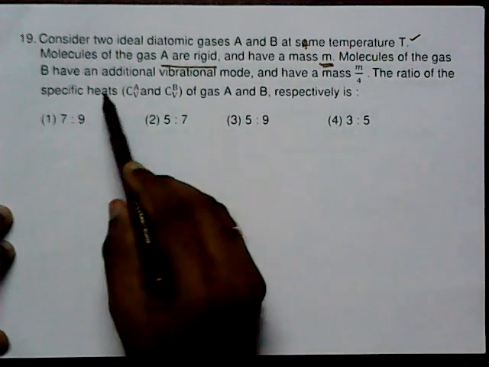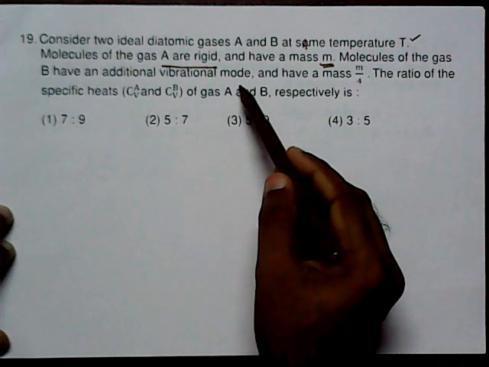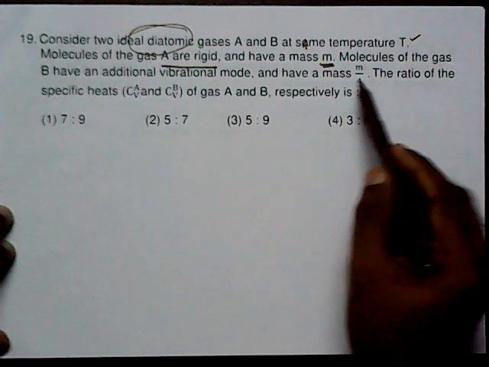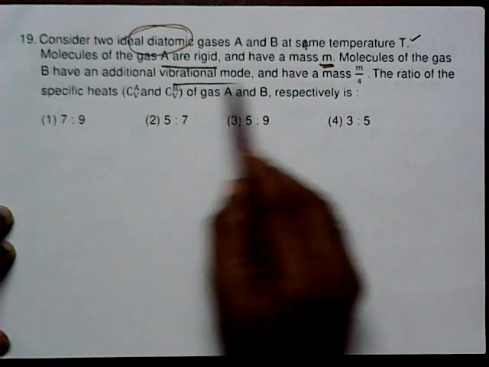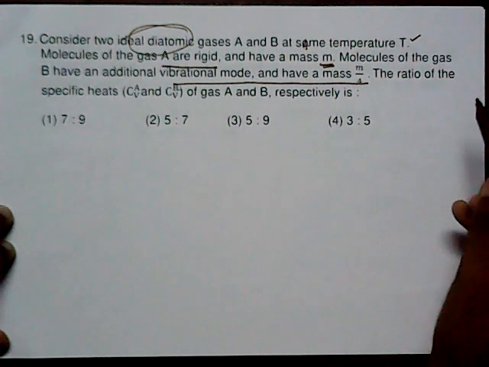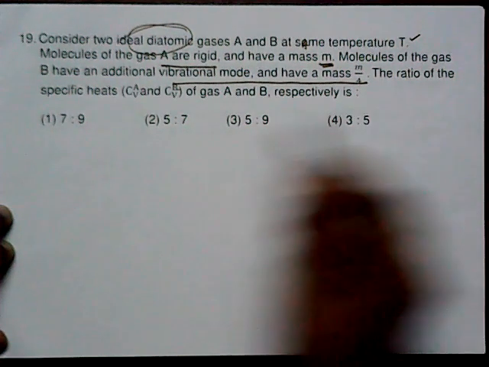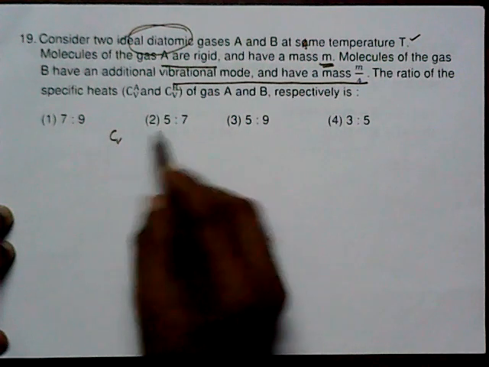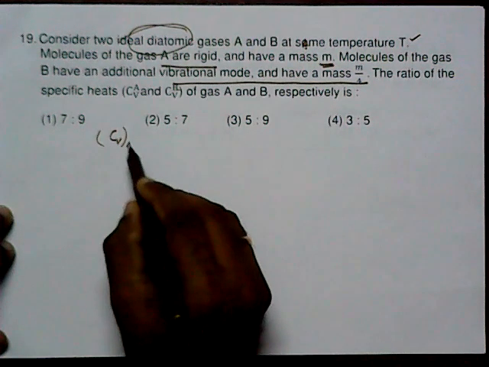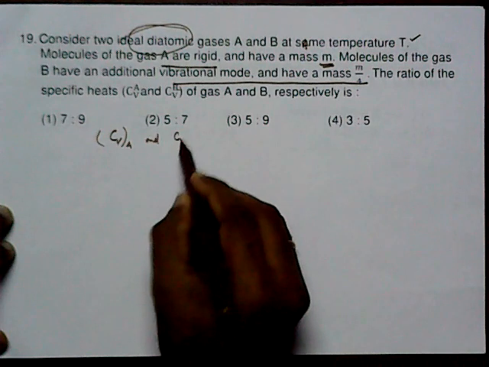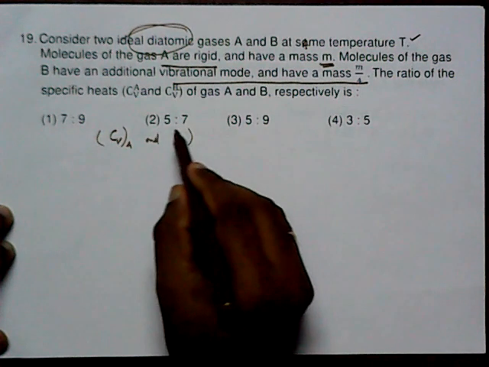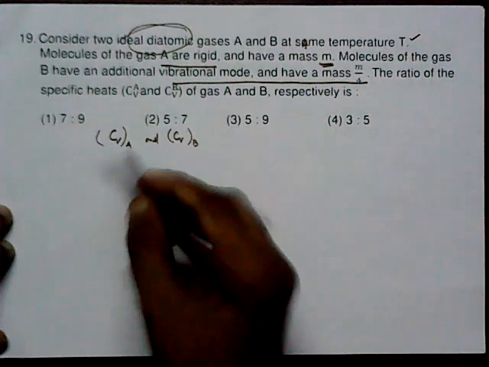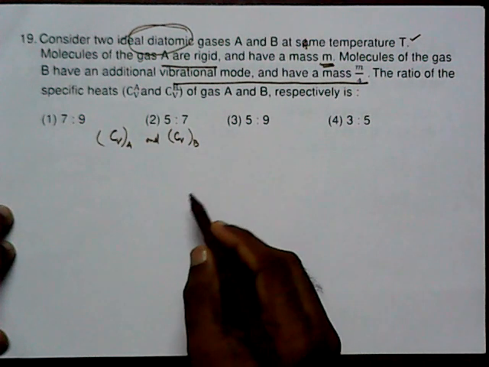Molecules of gas B have an additional vibrational mode and have a mass m by 4. The ratio of the specific heats: we have to find the specific heat capacity at constant volume for A and the specific heat capacity at constant volume for B. So we have to find their ratio.